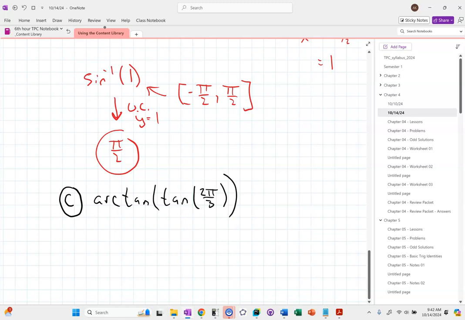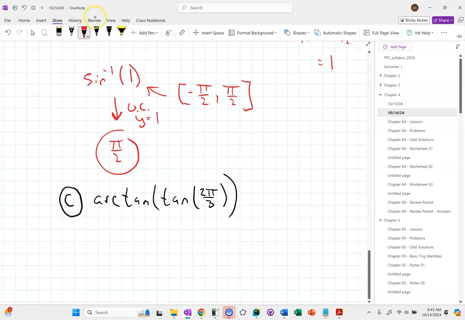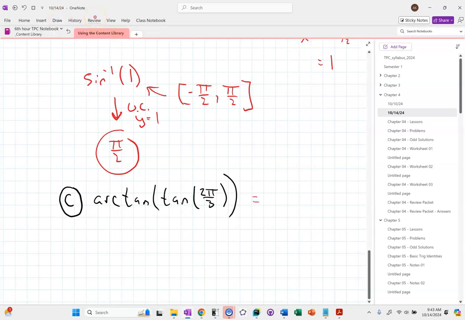So here we have arctan of tangent of 2 pi over 3. Who thinks the answer is just going to be 2 pi over 3? Shouldn't tangent inverse or arctan just cancel tangent and leave us with 2 pi over 3?